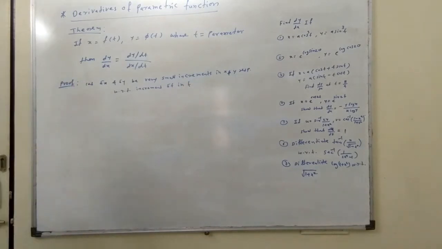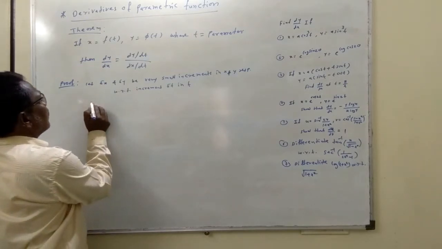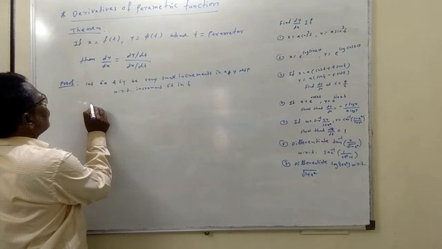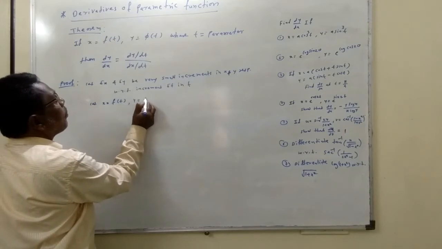Here t is the independent variable, and x and y are the dependent variables. Let x is equal to f of t and y is equal to phi of t.